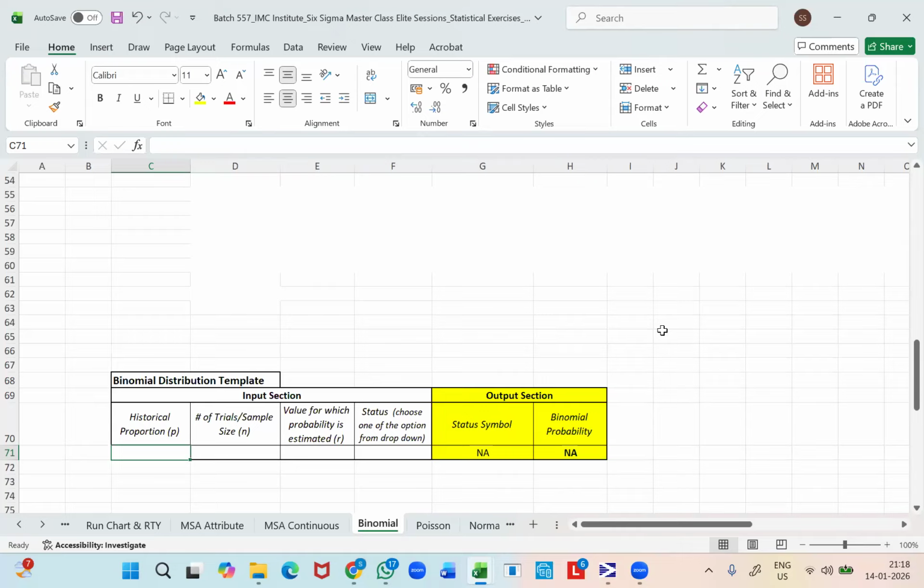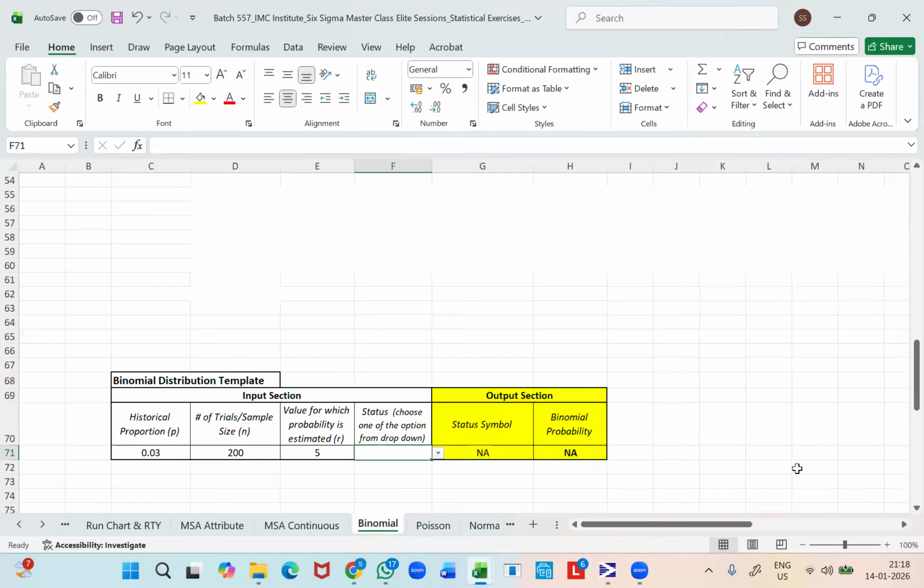So for this first exercise, what is the historical proportion of defectives? What is the value that we need to feed in here? 0.03. What is the sample size or number of trials? 200. And for the first one, what is the value for which we need to estimate the probability? 5, right?